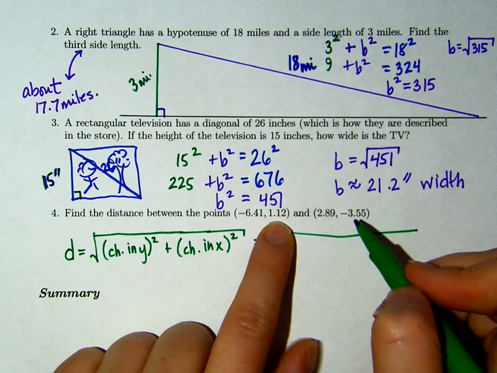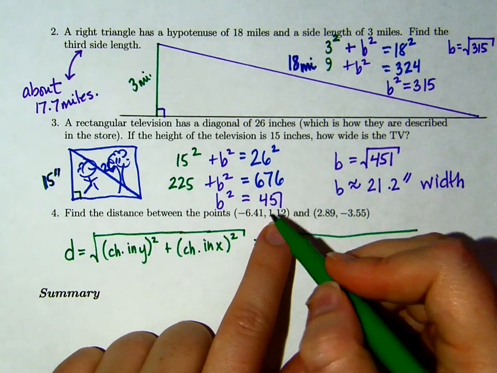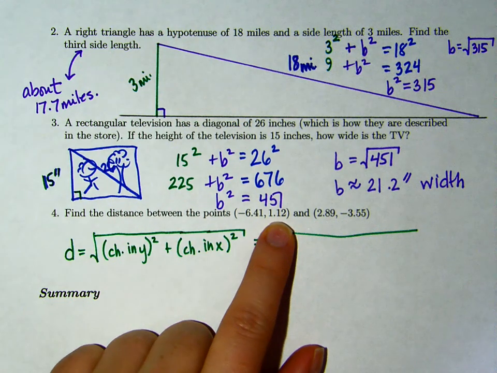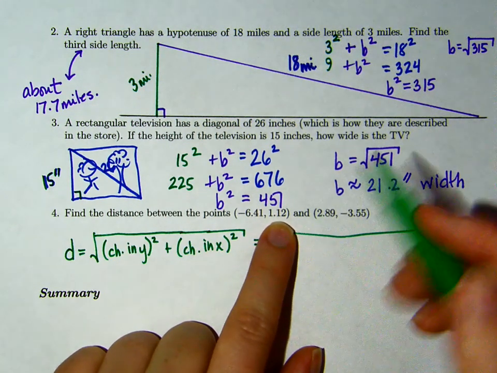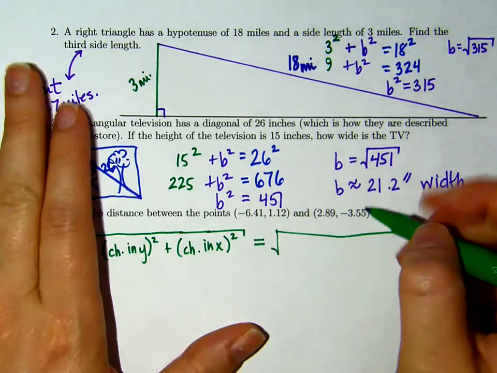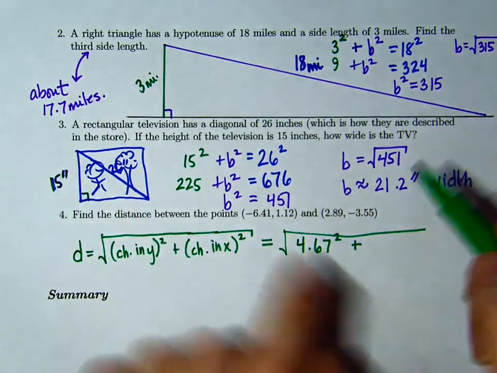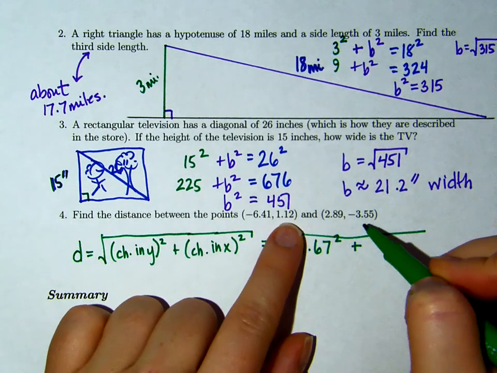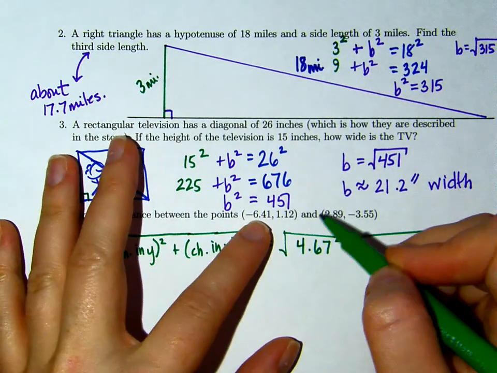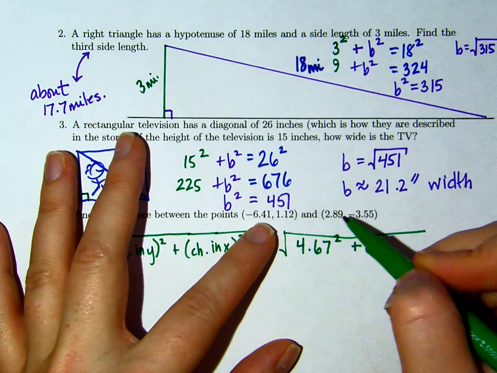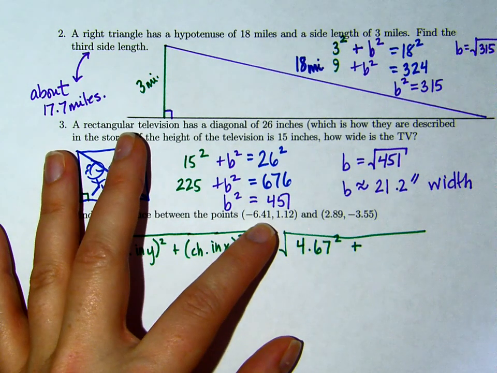How far apart are these y values? Well, subtraction gets us the difference. So 1.12 minus negative 3.55. Those are 4.67 apart. Okay, so the y's are 4.67 apart. The x's are going to be, I don't know, 9-ish. So let's see.